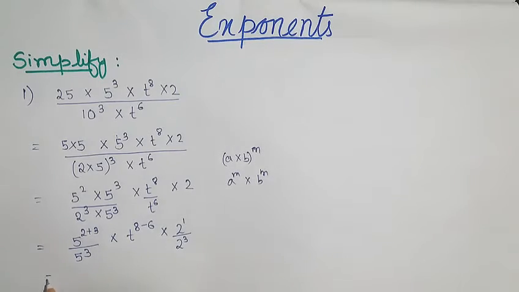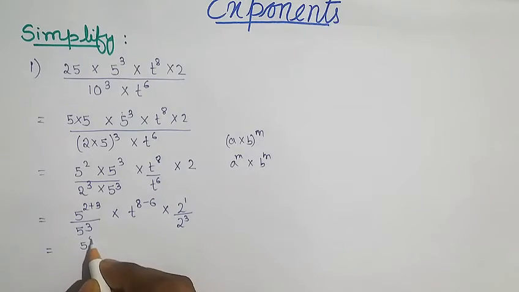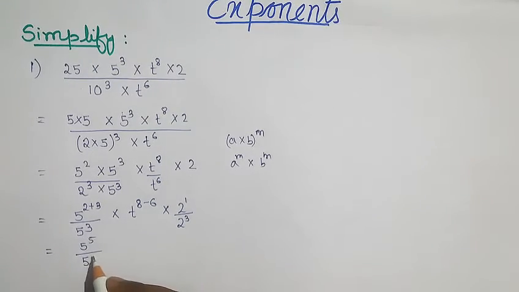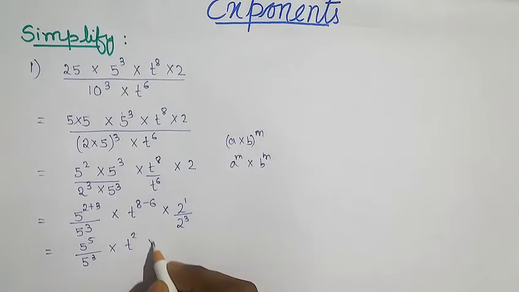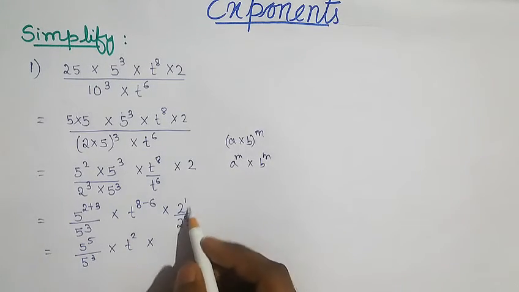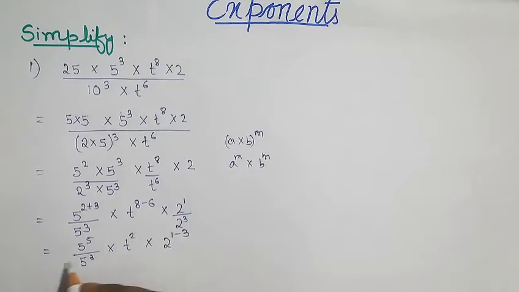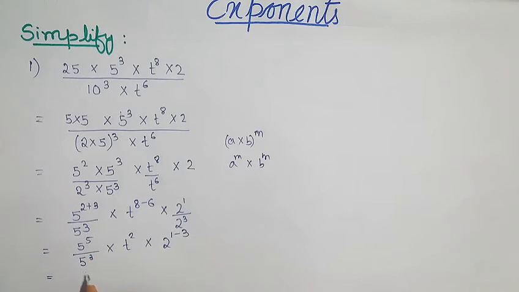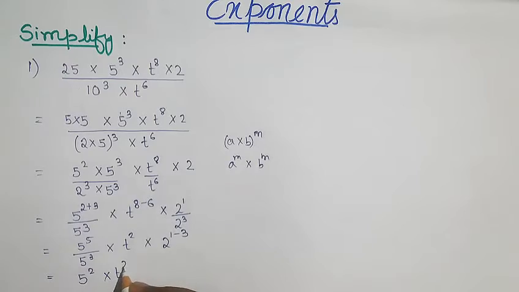Now next step is 5 raised to the power 5 upon 5 raised to the power 3 into t raised to the power 8 minus 6 is 2 into, again there are two similar bases being divided, so we can write it as 2 raised to the power 1 minus 3. Now here again we will subtract these two powers since they are being divided, so this can be written as 5 raised to the power 5 minus 3 is 2 into t raised to the power 2.